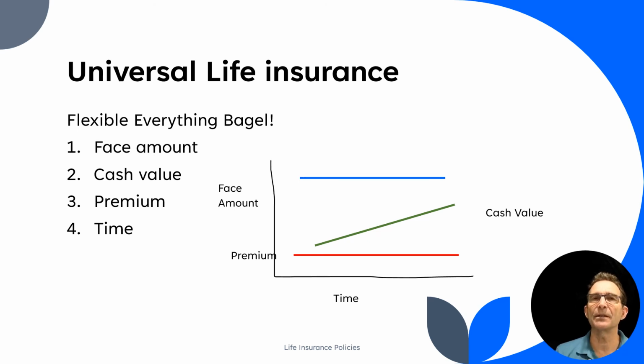So, this, in a sense, is the most flexible product because it allows you to flex on all four of those variables. So, you might wonder, well, why doesn't everybody do this kind of policy? Well, as you can imagine, it can get a little bit complicated. And quite honestly, your average consumer may not always use this product in the wisest way.